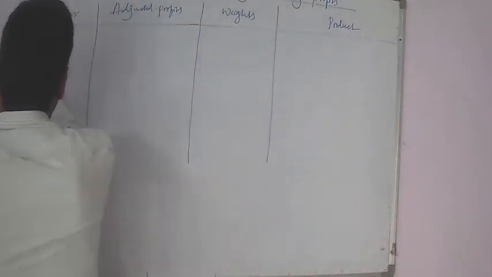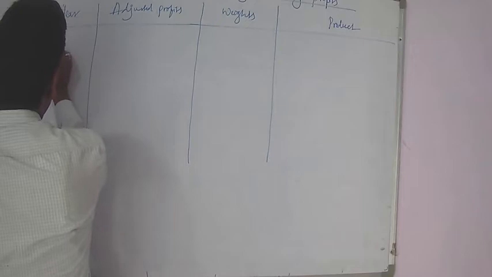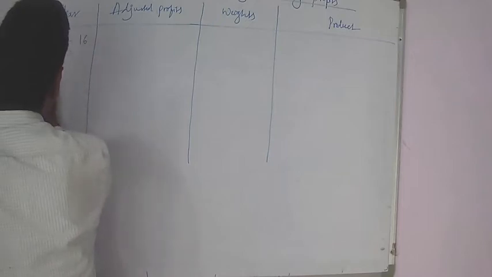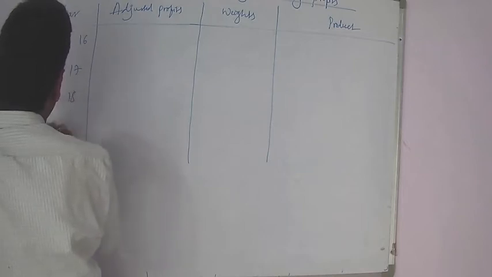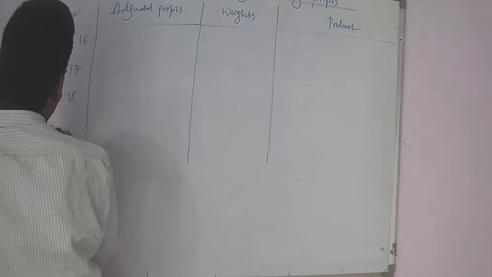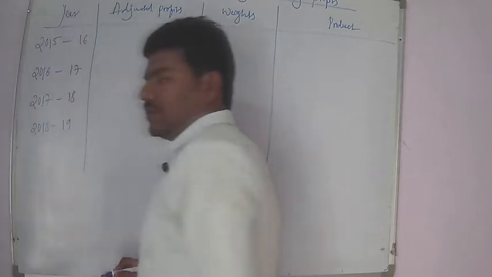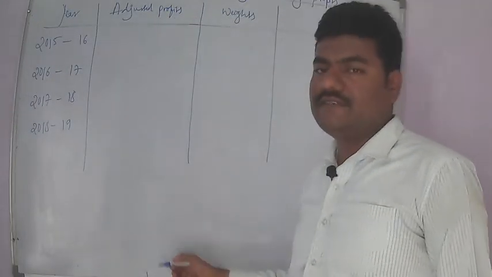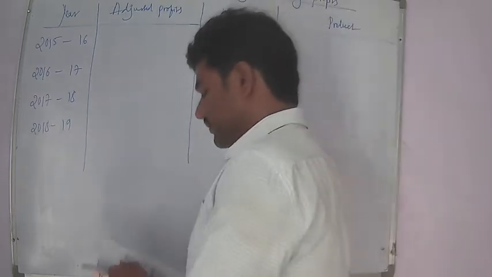It starts from 2015-16, 2016-17, 2017-18, 2018-19. Already we have calculated the adjusted profit in the last step. Note down the adjusted profits.